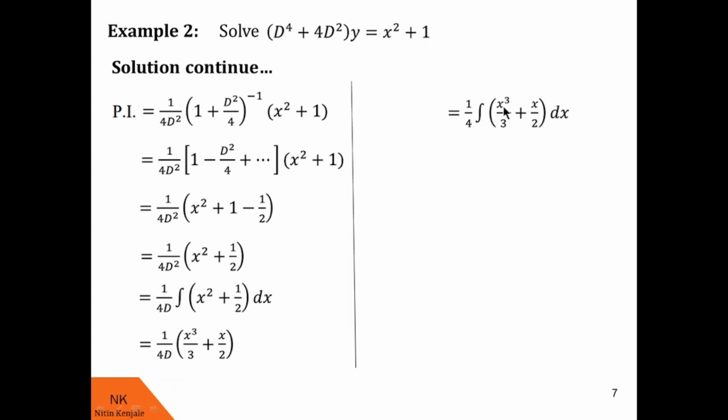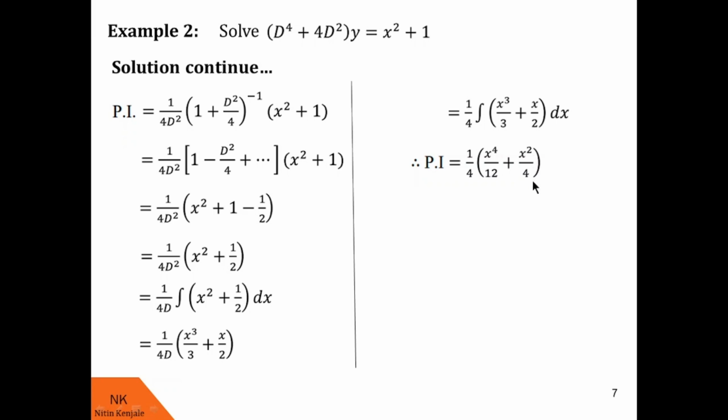Integration of x cube is x raised to 4 by 4, and 4 threes are 12 in the denominator, plus integration of x is x square by 2, so 2 into 2 is 4 in the denominator. So finally, the particular integral in this case is written as 1 by 4 times x raised to 4 by 12 plus x square by 4.